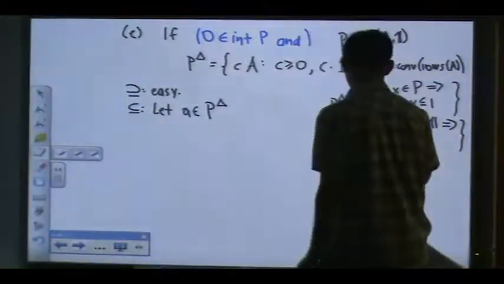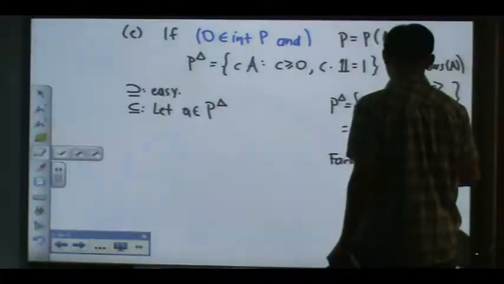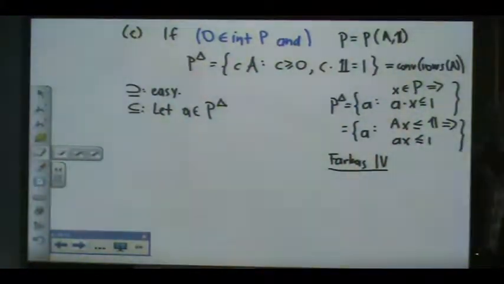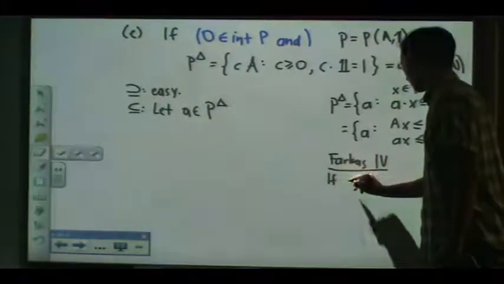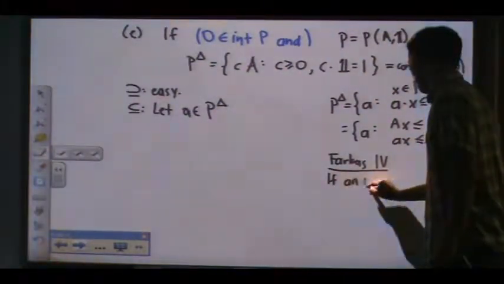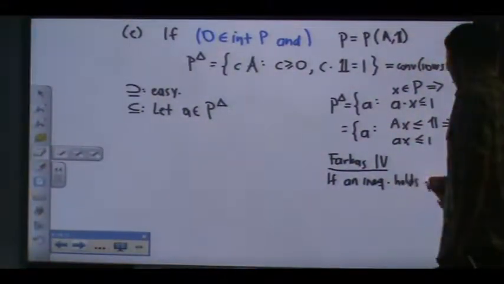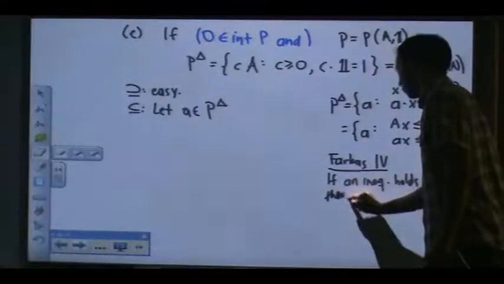So let me write it out, because actually this is the Farkas lemma that we discussed the least. So if an inequality holds for a polytope P, then actually there's two cases.